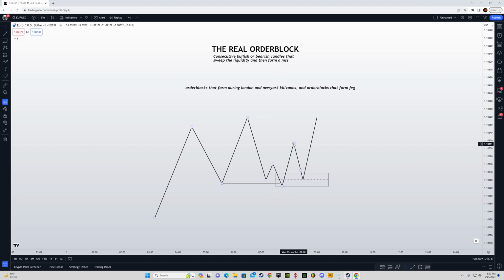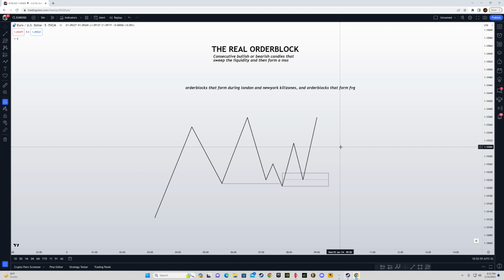And with this displacement, you also get a fair value gap, right? You also get a fair value gap here. So auto block and a fair value gap in this leg. Then that is a high probability auto block, and it's going to work most of the time.